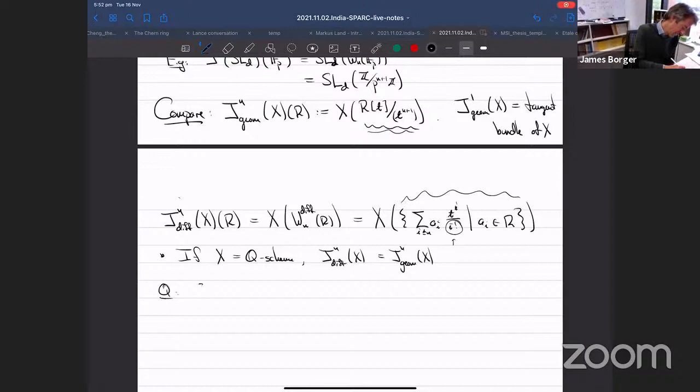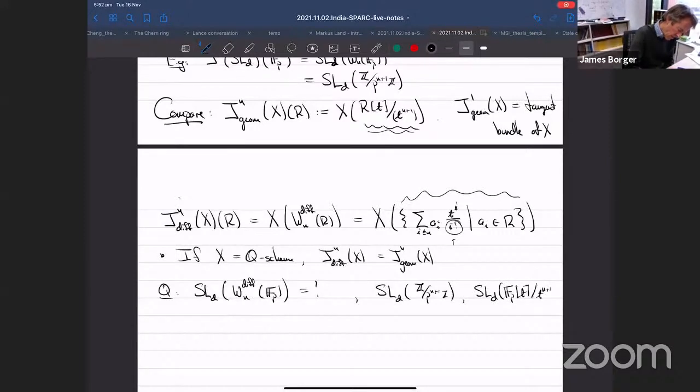Question: what is SL_d of W_n diff of F_p? This is some other truncated thing. It should be similar. This compares to SL_d of the usual Witt vectors, and then SL_d of F_p[T] modulo T^(n+1).